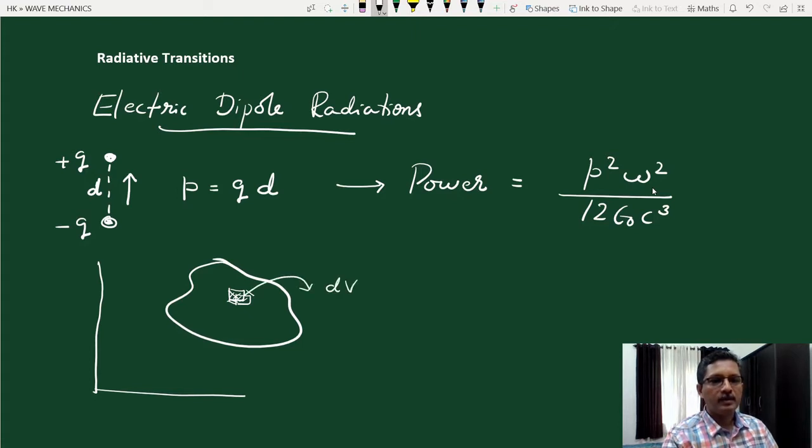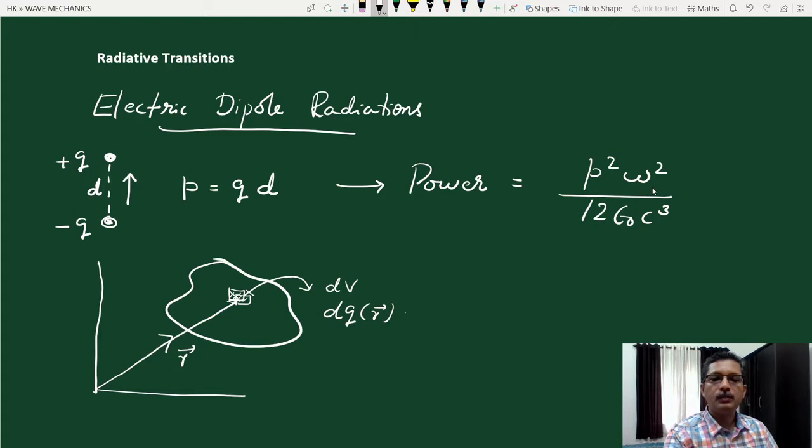Now suppose one such volume element is at a vector distance r from the origin. In this volume dV, it has a charge, let us say dq, at the position vector r.